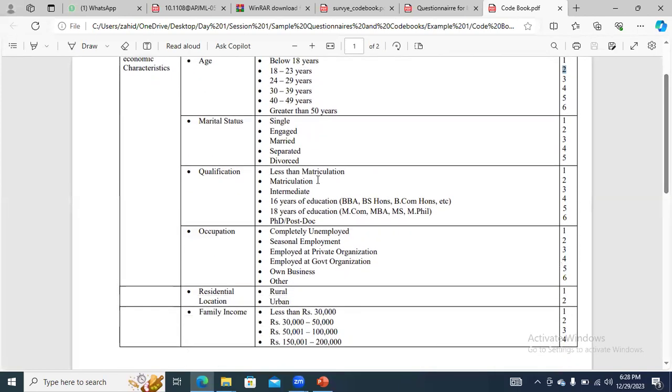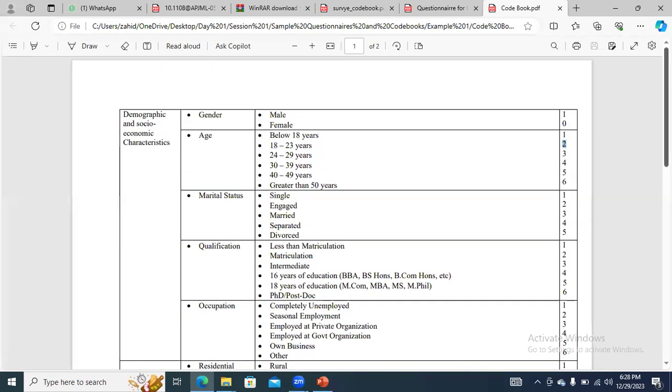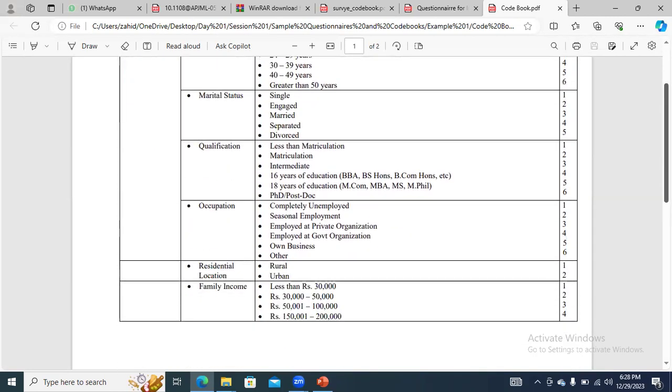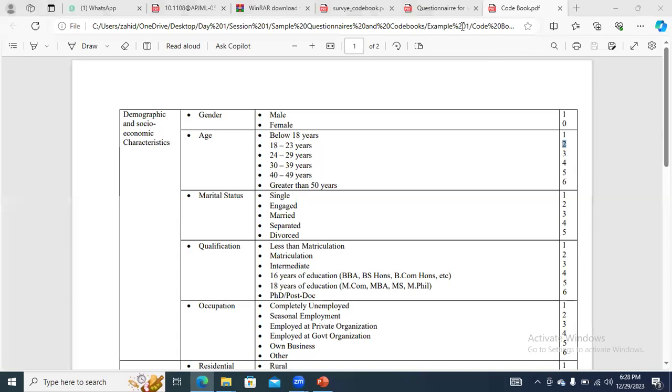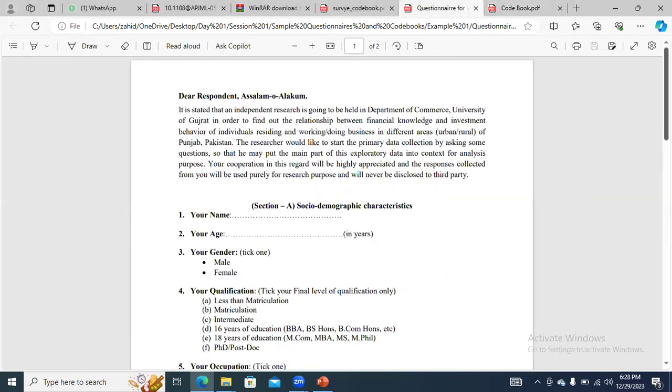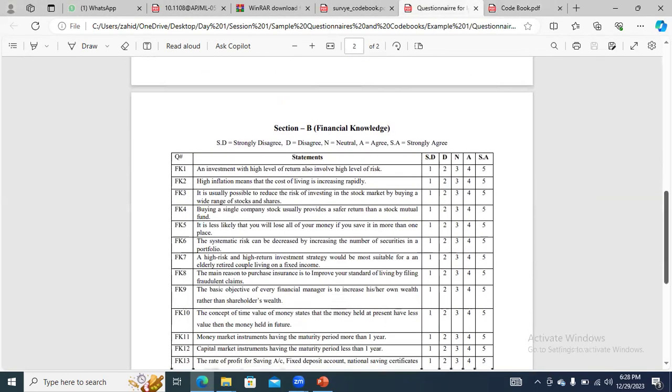This is how you can codify your code book, while the codes of your variables are already available. You can see, for financial knowledge, I have codified strongly disagree to strongly agree as 1 to 5. These are the codes. The statements are already codified, so you don't need to codify them.